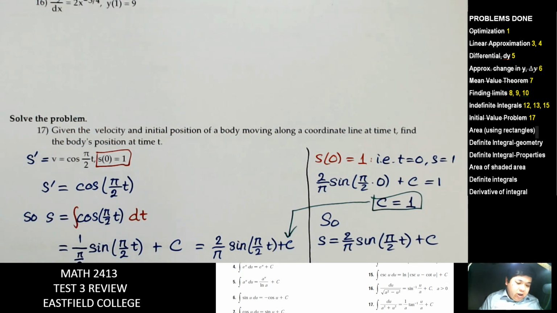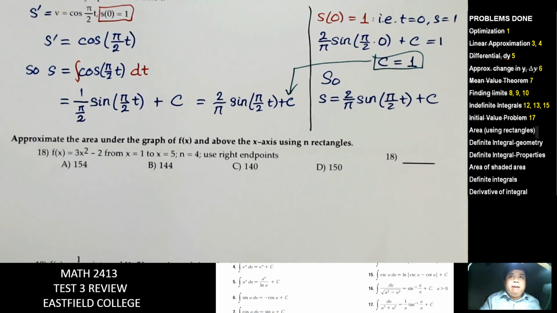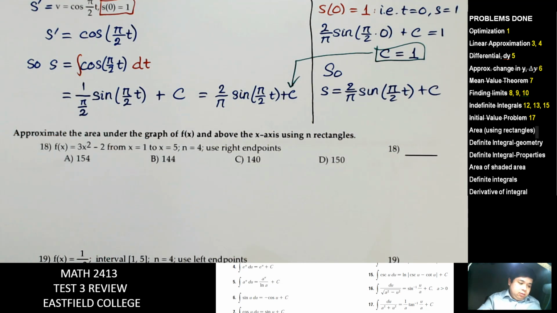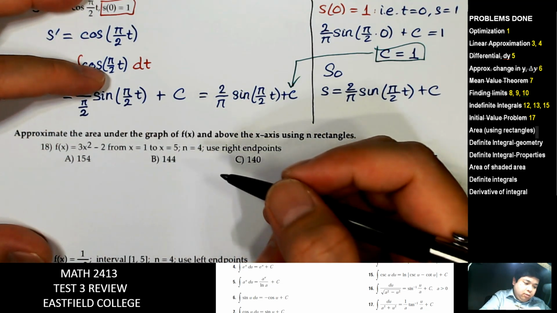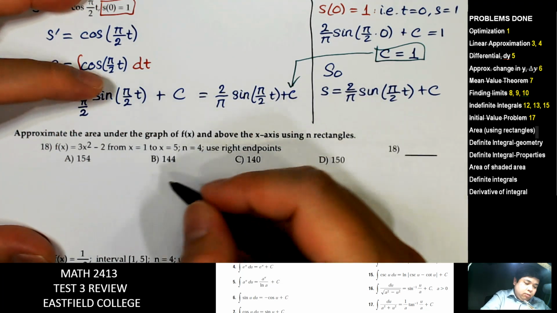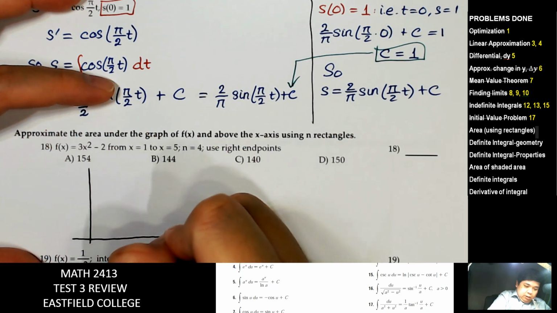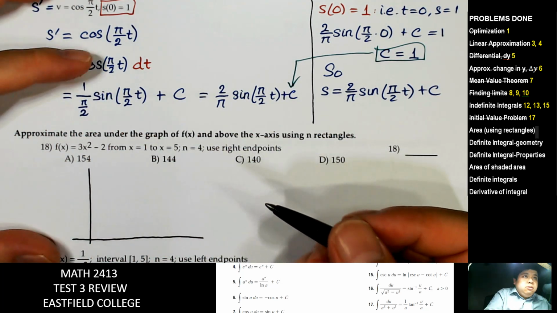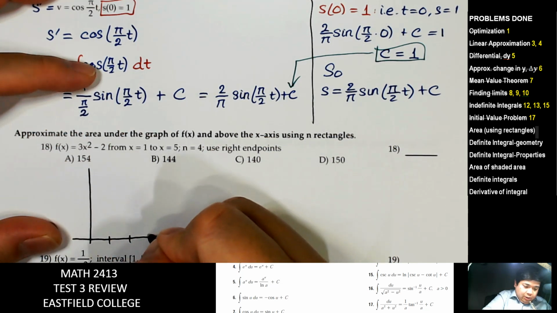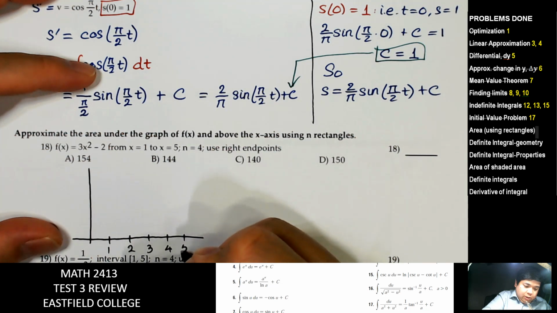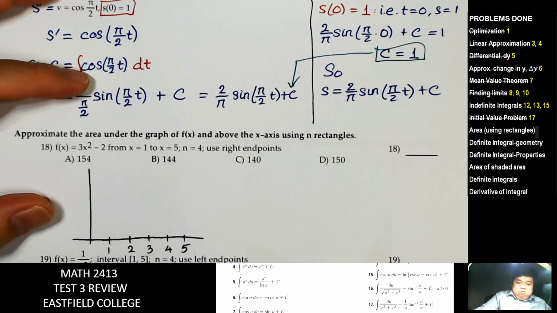Next, we approximate the area under the curve using rectangles. So I'll do one of these. Don't have to be exact.